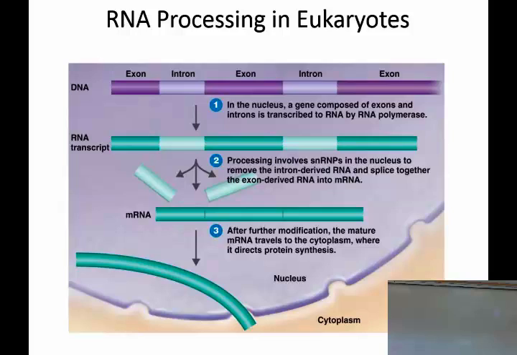You could make this version where you just chop out all the introns and put all 3 things together. But sometimes the way that this is processed is you chop out this whole section here, then you just put these 2 pieces together, and that actually makes a different protein. It means that with less DNA, you can make more different things.